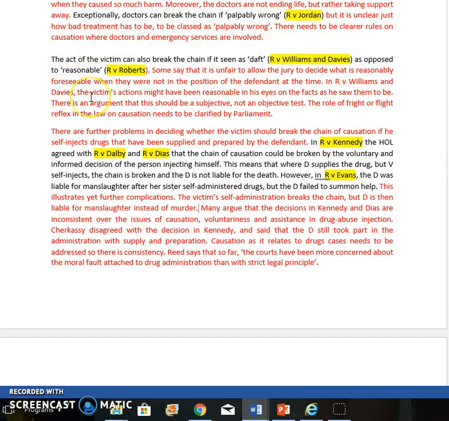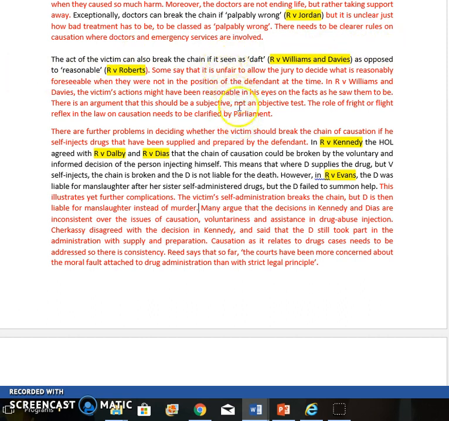I've then gone on to consider when my victims can break the chain, so victim's own act. Again, you can see my black, my AO1 is short. I'm citing my cases, but I'm not writing lots and lots about them, and that's important here.